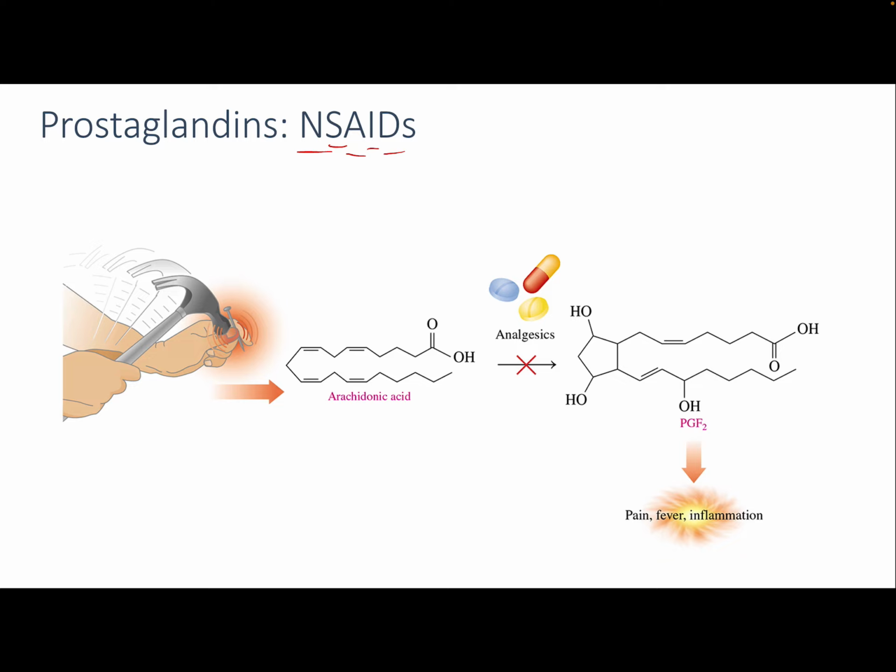These block the production of prostaglandins, and by stopping the conversion of arachidonic acid into these compounds, they effectively decrease pain and inflammation. Some of the NSAIDs include naproxen, like Aleve, or ketoprofen, which is Actron, and nabumetone, relevant.